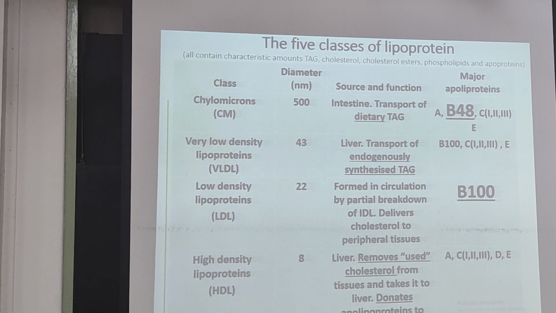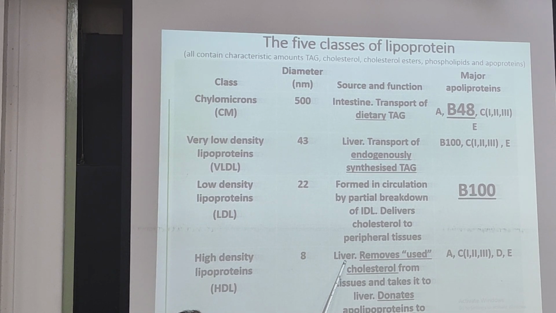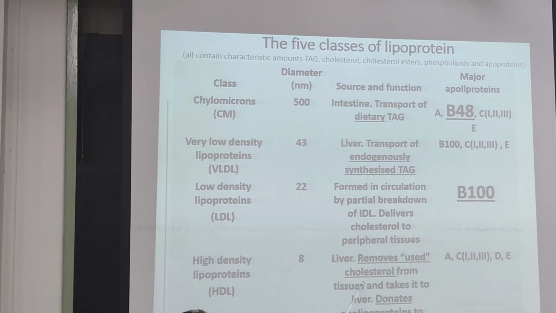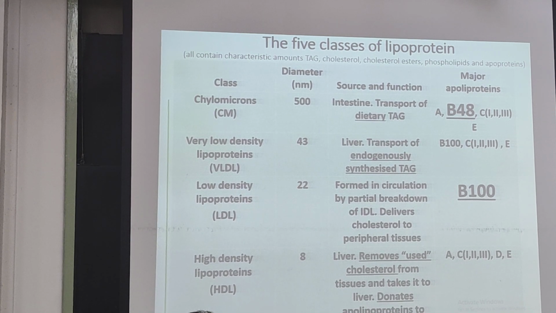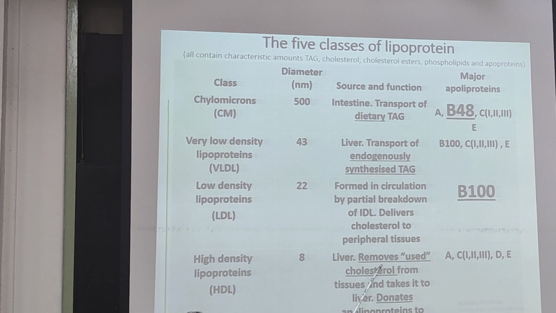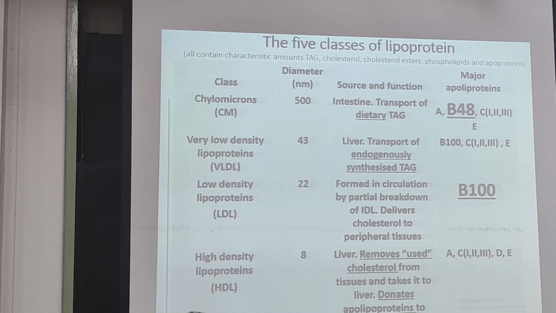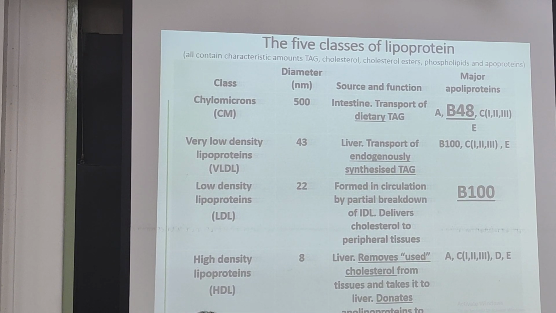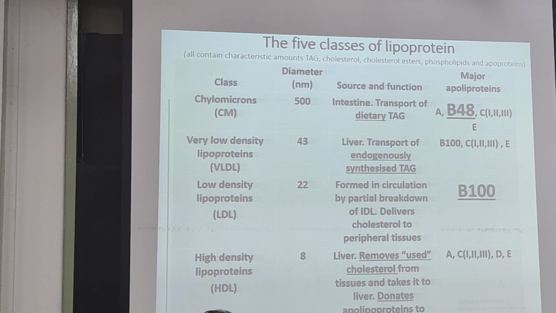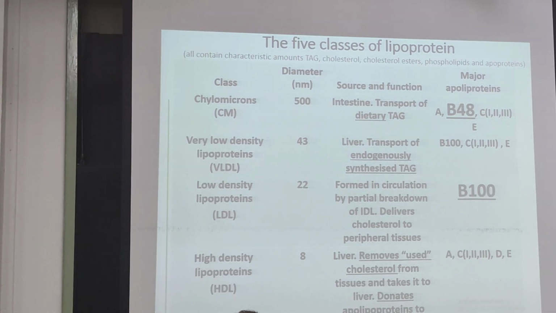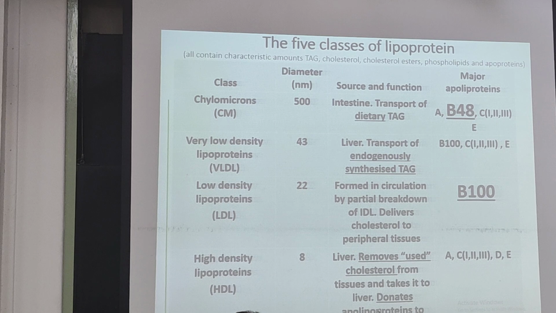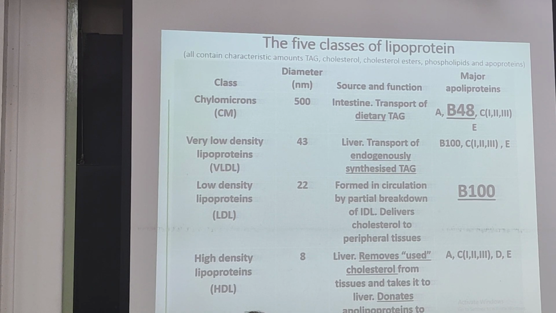And finally, HDL is synthesized in both liver and intestine. Its function is removal of cholesterol from the peripheral tissue to the liver. In addition to reverse cholesterol transport, it is so important for providing apoprotein for chylomicron and VLDL.